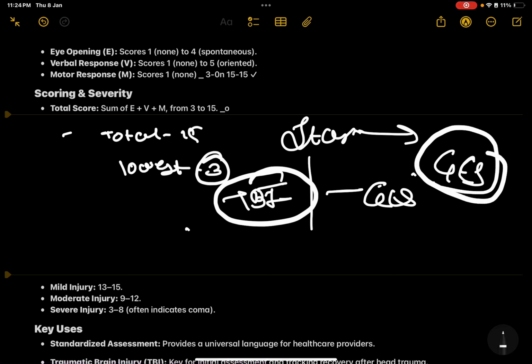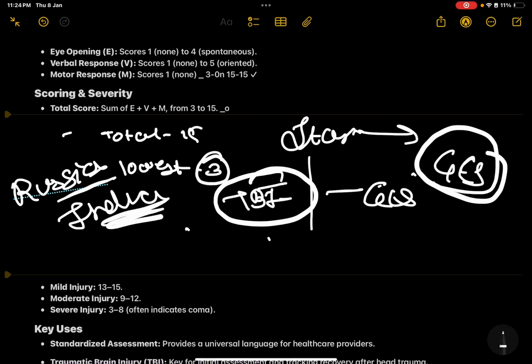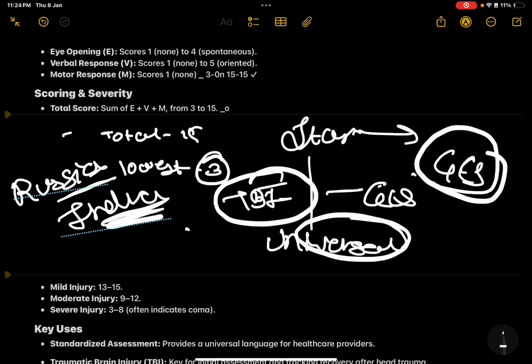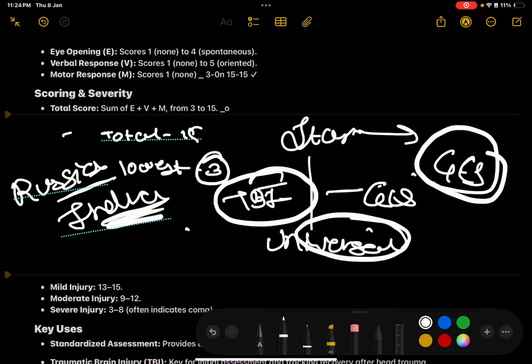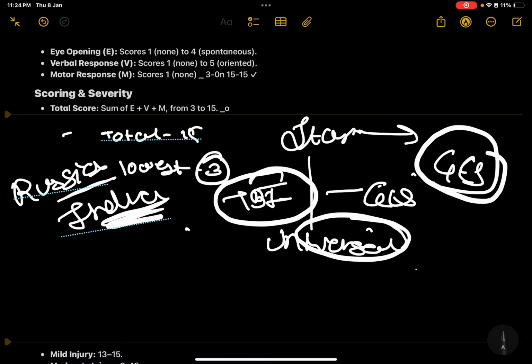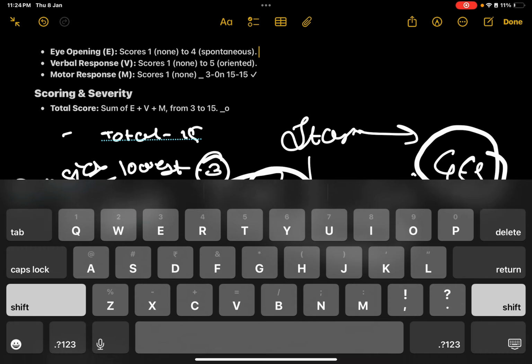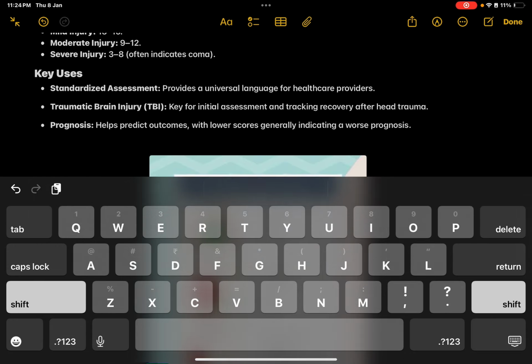There is not going to be a difference like Russia measuring consciousness level with a different thing, or India measuring it differently. No, it's universal. Okay, I hope this is clear till now. Then we will move forward.